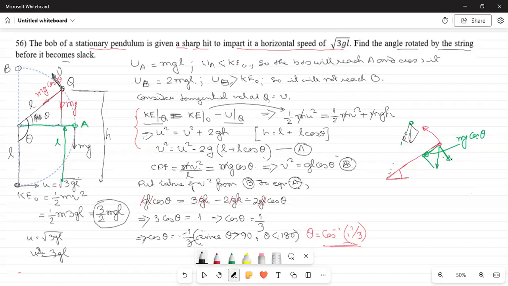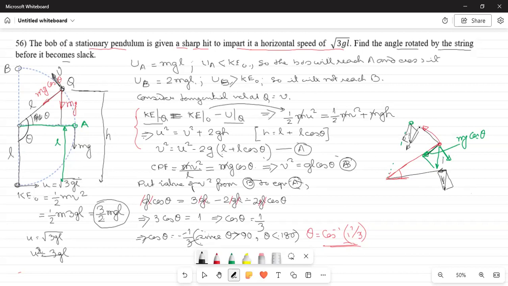As theta increases, if the theta was here only and this was mg, then the radial component of mg was much smaller. As theta increases, the radial component increases. When theta increases here, the radial component further increases.